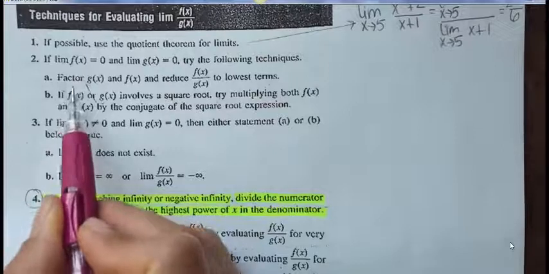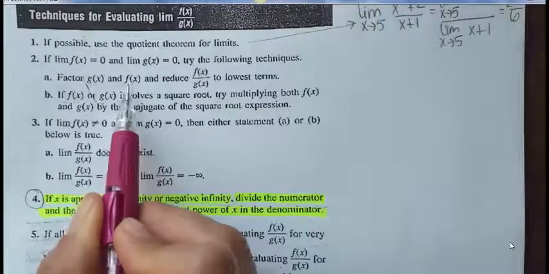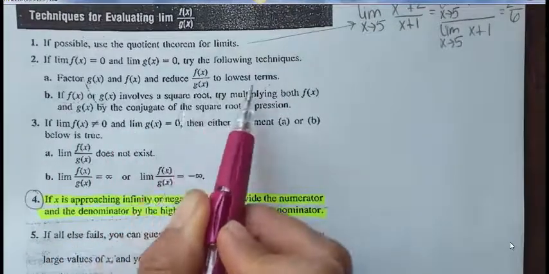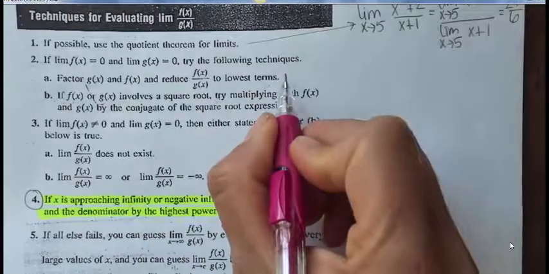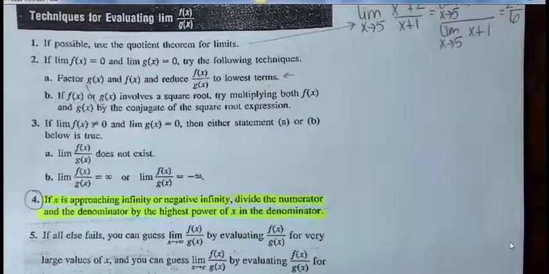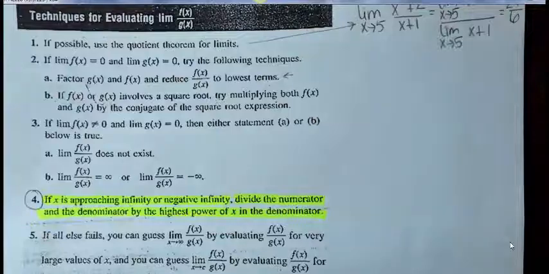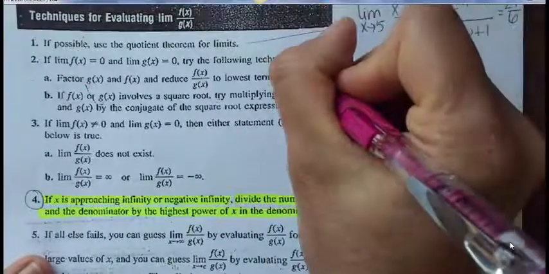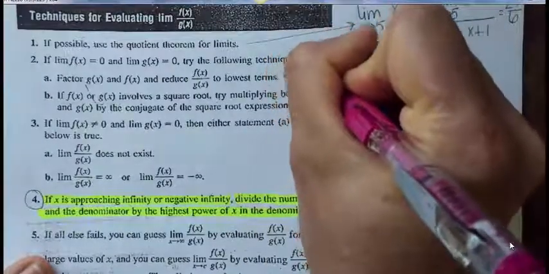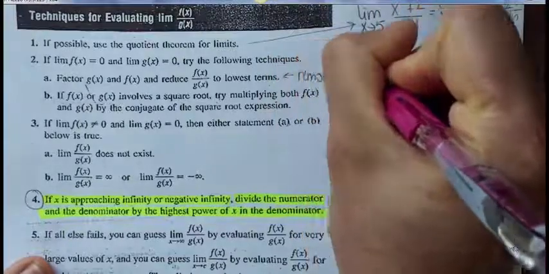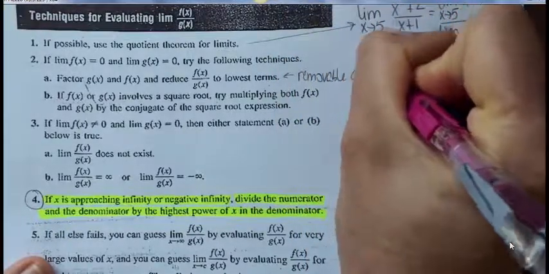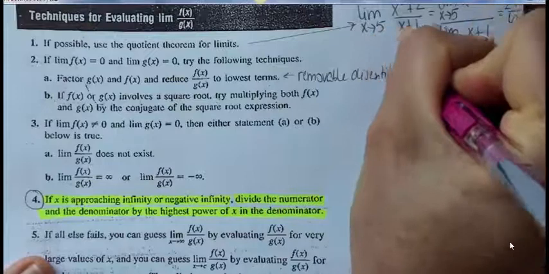First of all, you can factor both numerator and denominator and reduce to the lowest terms. If you can factor it and reduce, that basically means that you have a removable discontinuity, or a hole.